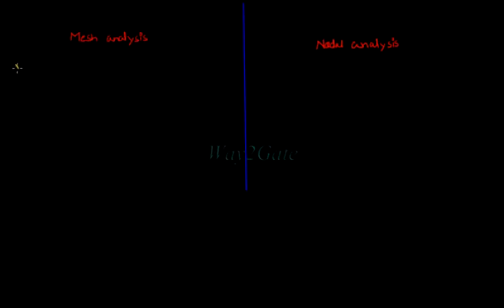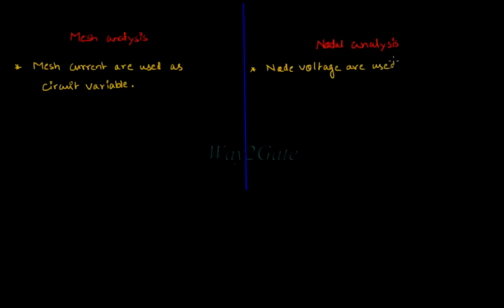As discussed before, in mesh analysis, where we do KVL, we consider one direction of current, and that current becomes the circuit variable for that mesh. In nodal analysis, node voltage becomes the circuit variable.